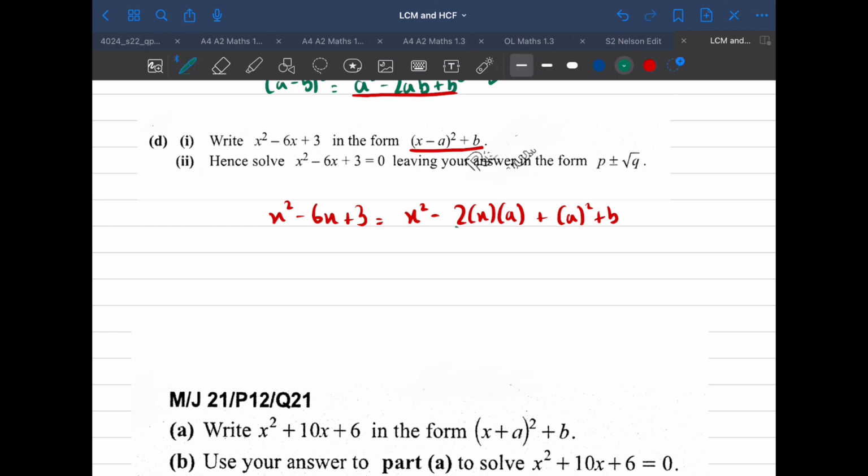What's written with x? Minus 2a. And here what's written with x? Minus 6. Can I say that a is equal to 3? Now what's written without x? a square plus b. And here it's 3. I know that the value of a is 3. 3 square plus b is equal to 3. 9 minus 3 is 6.